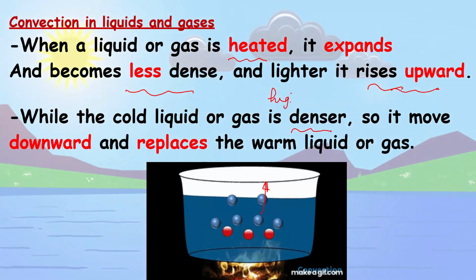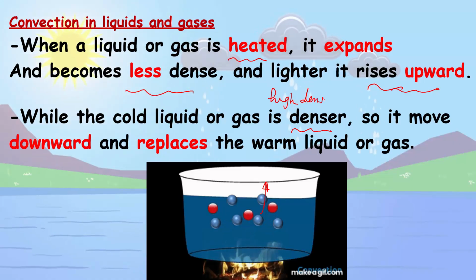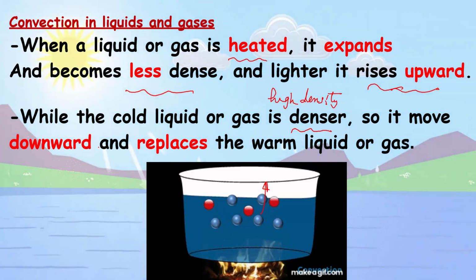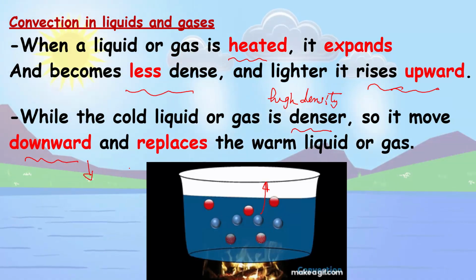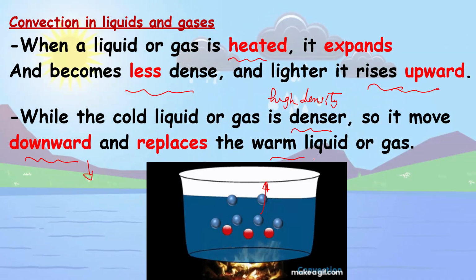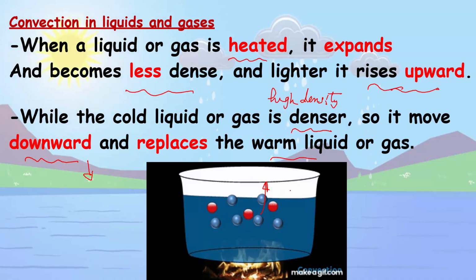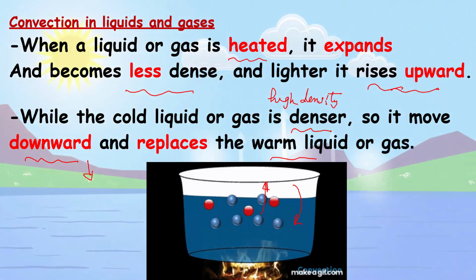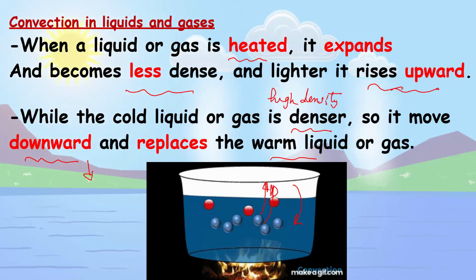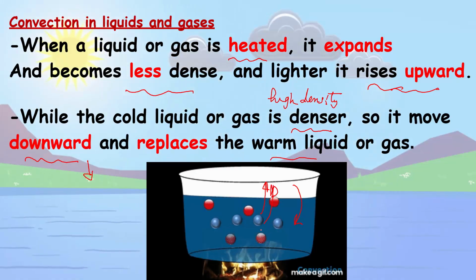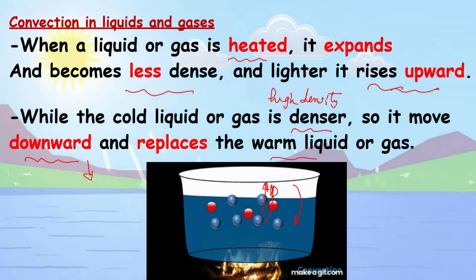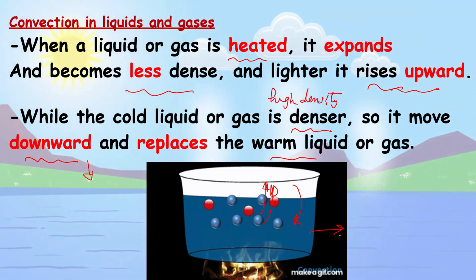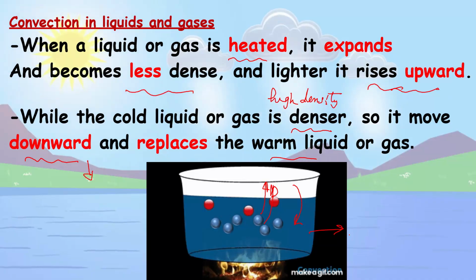Denser means high density. High density means it moves downward and replaces the warm liquid. So it is a cycle. The cold one comes down and the hot one comes up, and this process lasts until all the liquid or gas is at the same temperature.